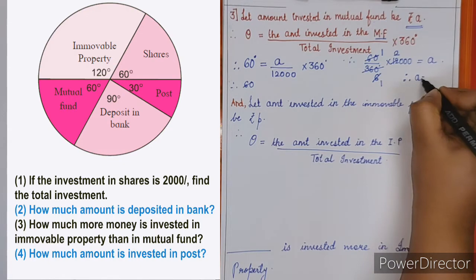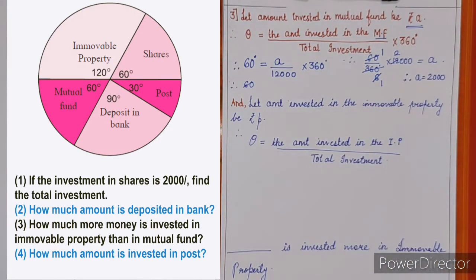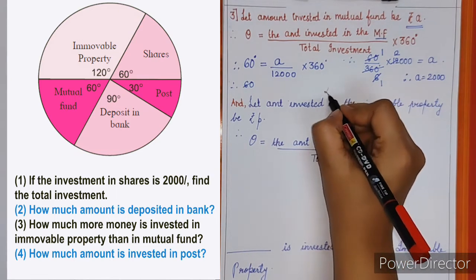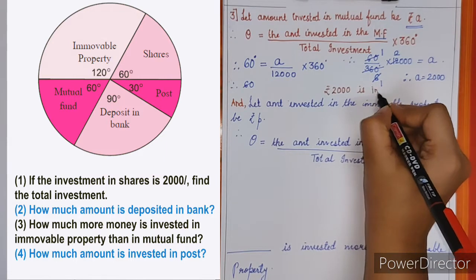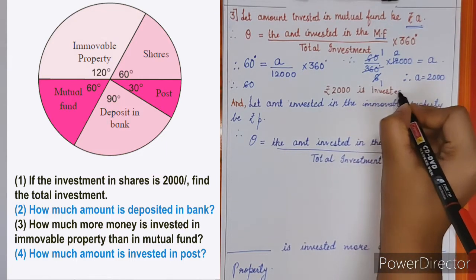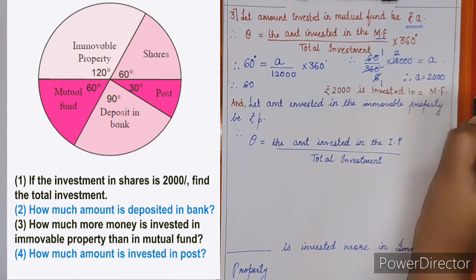Therefore A equals 2000. What does it mean? It means 2000 rupees is invested in a mutual fund, which is MF.